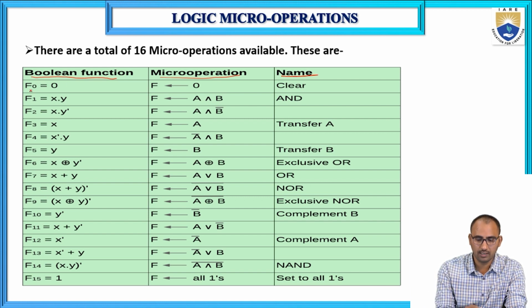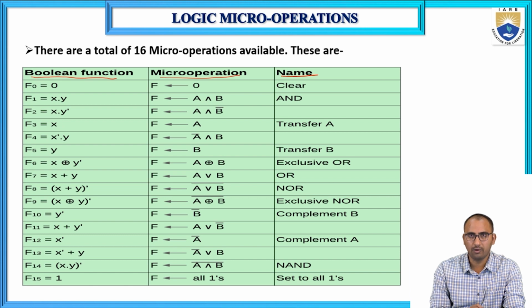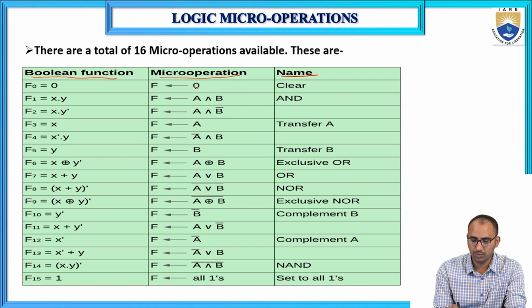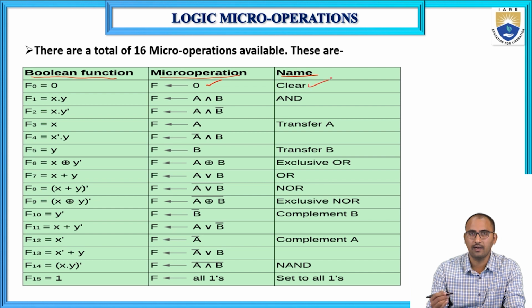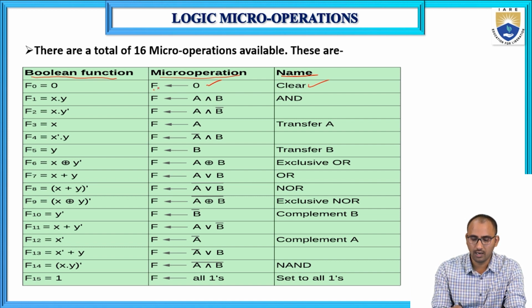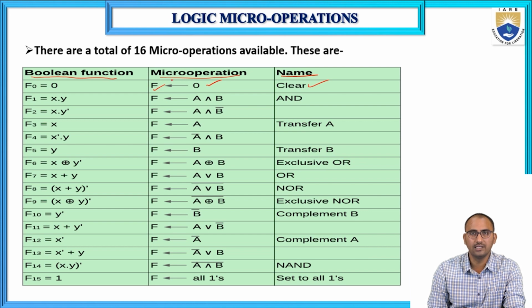The Boolean function F0 is equal to 0. The same Boolean function in a micro operation can be specified as F ← 0. The name of that micro operation is clear. Clear means we are loading 0 into the register F, where F is the name of the register.